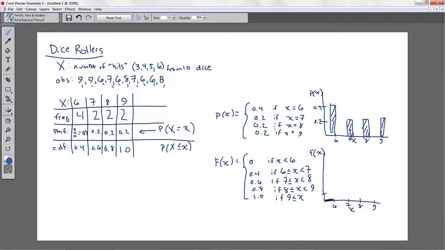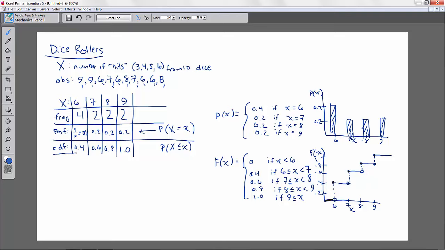Then it jumps up to 0.4 if it's between 6 and 7. And it jumps up to 0.6 if it's between 7 and 8. And it jumps up to 0.8 if it's between 8 and 9. And finally, if anything above 9, we have a CDF value of 1.